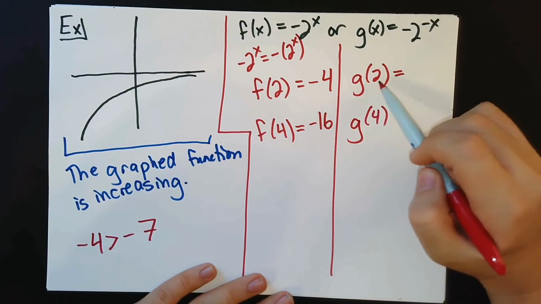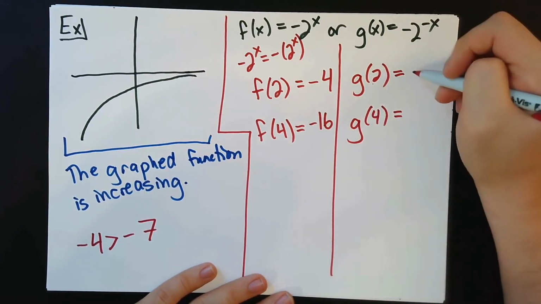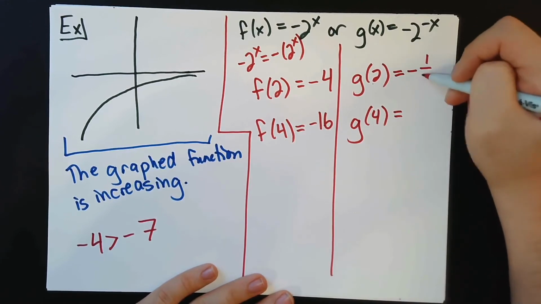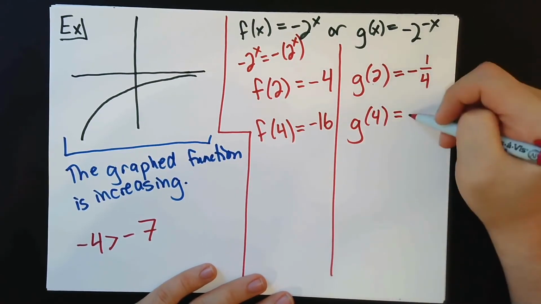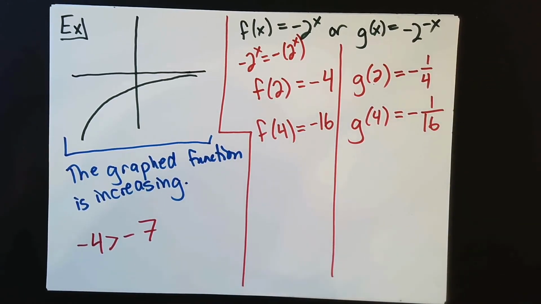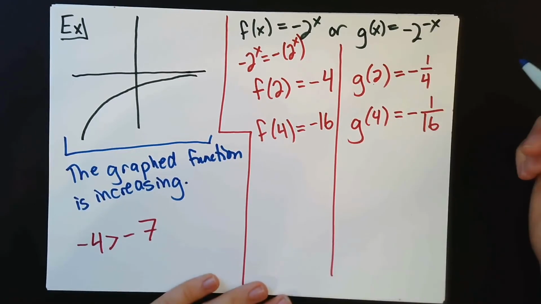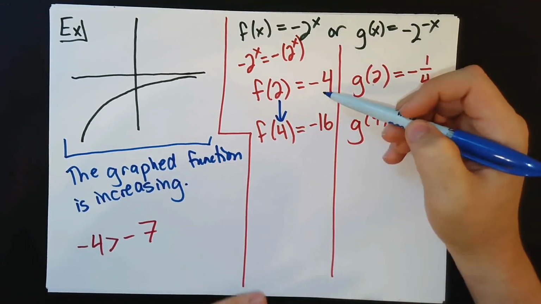On the other hand, when I look at g of 2, that's negative 2 to the minus 2, so that's minus a fourth. And g of 4, that's minus a 16th. So now I have to look at this again. As I increase the input from 2 to 4, what happened?